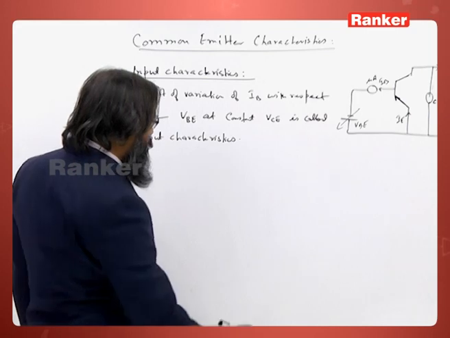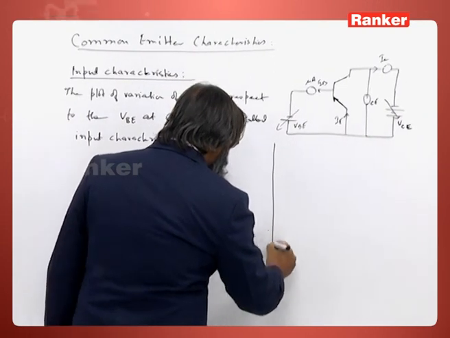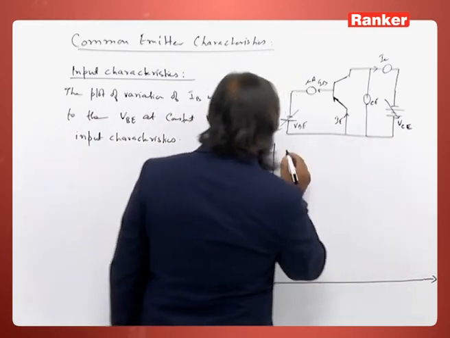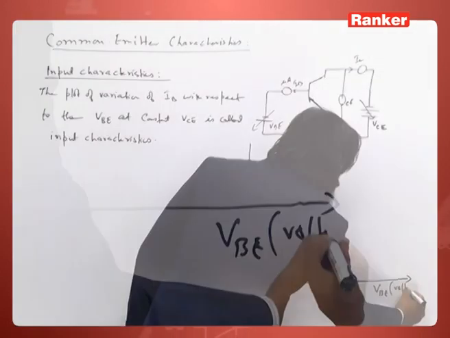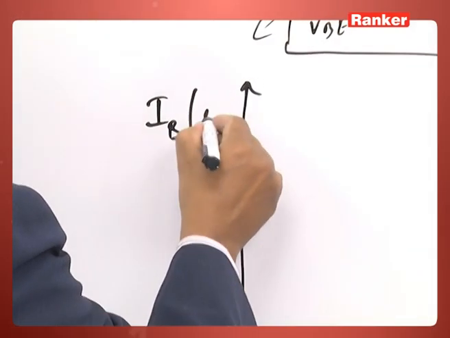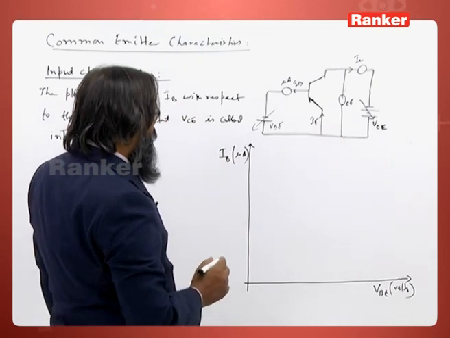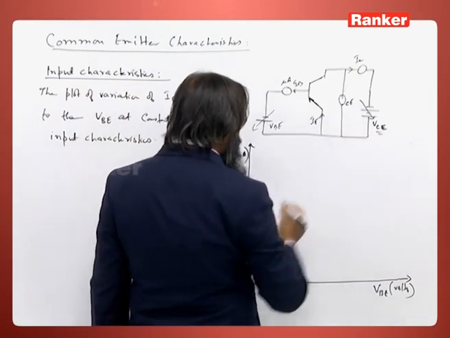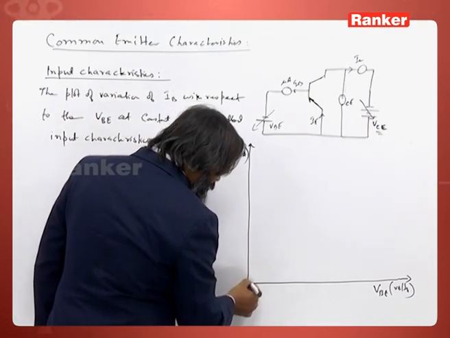So, what we do? We plot a graph between VBE, in volts, and the current IB, in microamperes, with VCE constant.